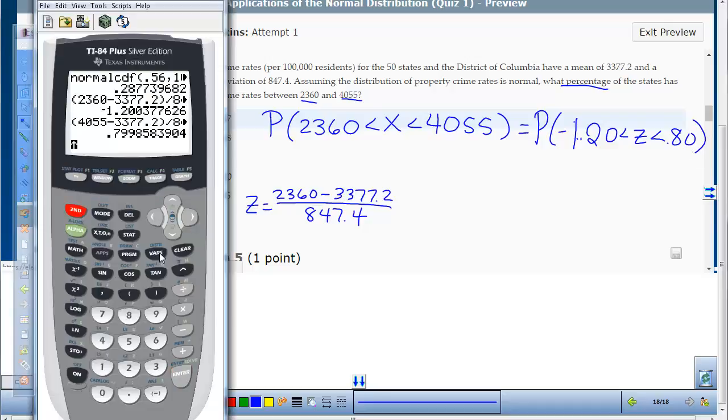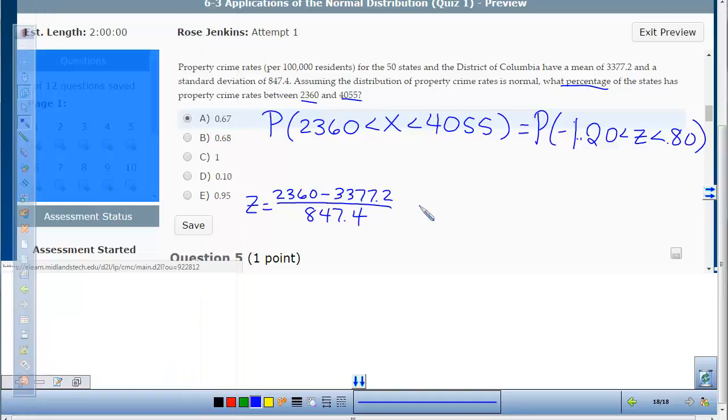We'll do second distribution, number 2 is normal CDF. My lower bound is negative 1.2, my upper bound is 0.8, and so we get 0.6731. Well, there's a 0.67, so I would choose 0.67.